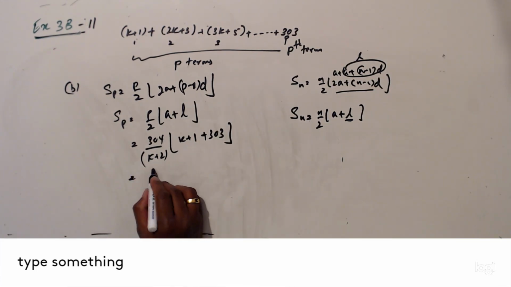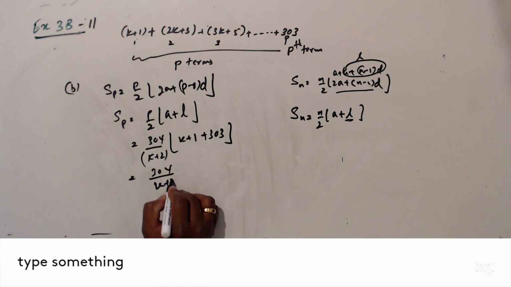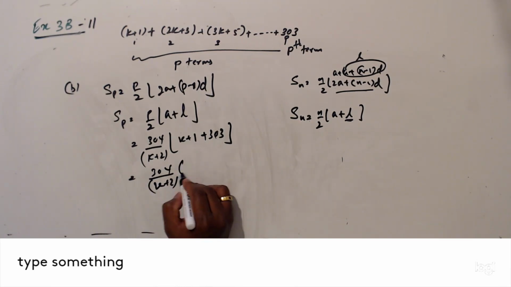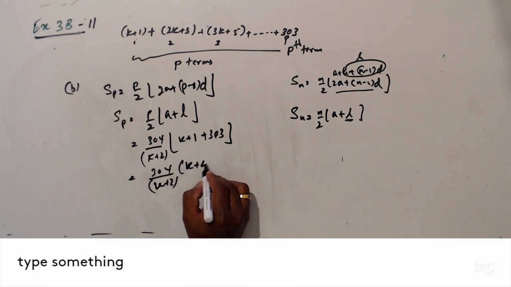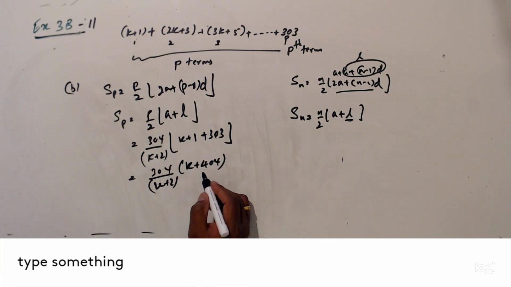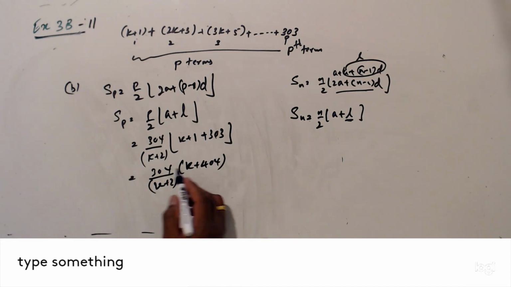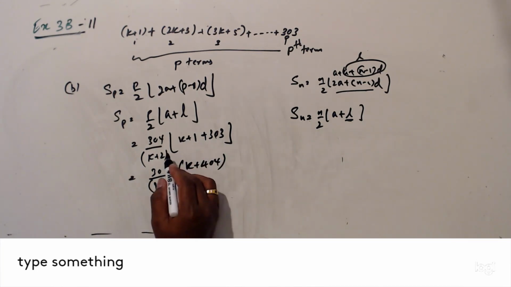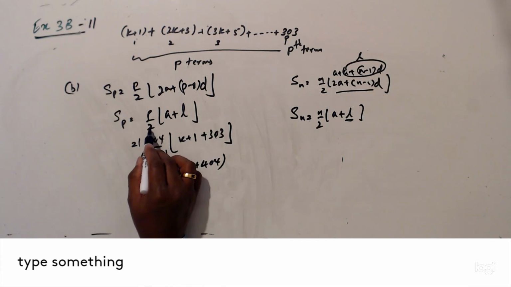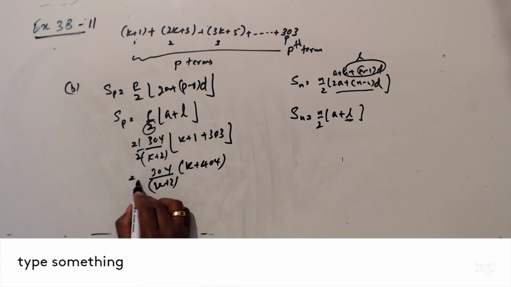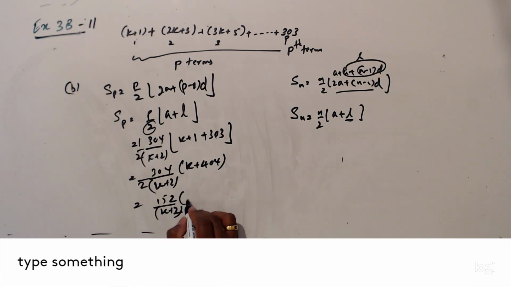So 304 over k plus 2, this is k plus 404. I think yeah, and I missed this half, so divide by 2. So this is going to be 152 over k plus 2 times (k plus 404).